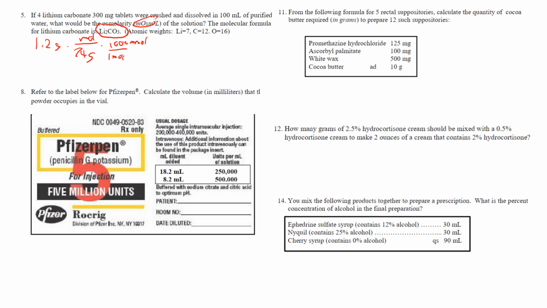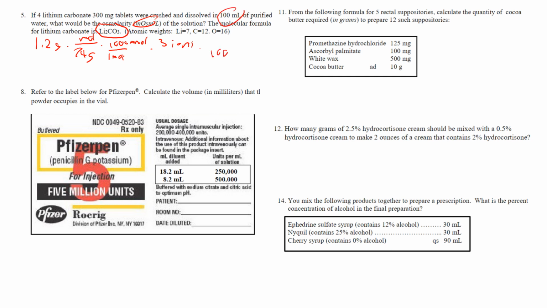Now, when this is put into water, the lithiums will break away, but the carbonate will stay together because the carbon and the oxygens have a covalent bond. So this will make 3 ions, 2 for the lithiums and 1 for the carbonate. Then the last thing we need to do is, in this problem, it also wanted us to make this in 100 milliliters of solution.